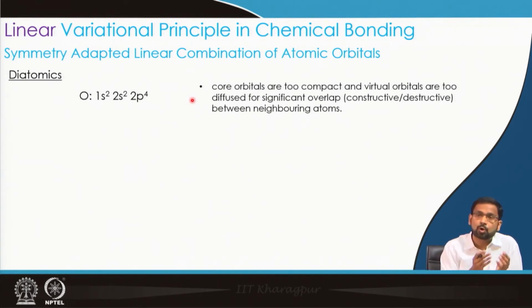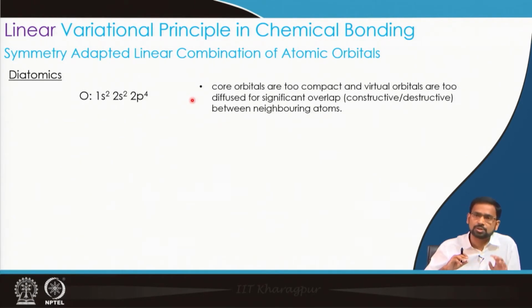So, in this case, the core orbitals, for example 1s, do not give good overlap with other atomic orbitals. So, therefore, they are not a good choice to consider in our molecular orbital formation. Of course, we can consider them, we can take them in and see what their roles are, but even if we ignore them, it is not going to affect that significantly.